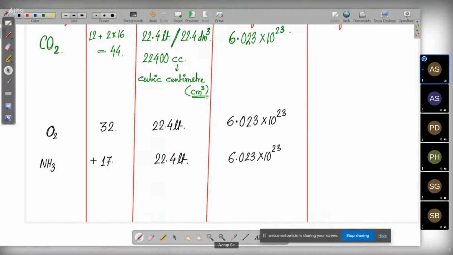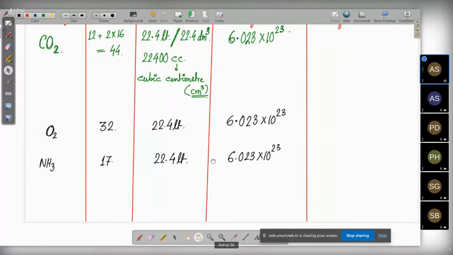So in 17 grams of ammonia, you are going to have Avogadro number of molecules. Whatever gas you take, that doesn't matter. If you are taking the same volume at a particular temperature and pressure, then it has the same number of molecules. Okay, is it clear to everyone?